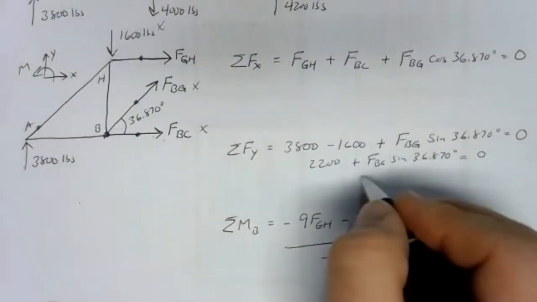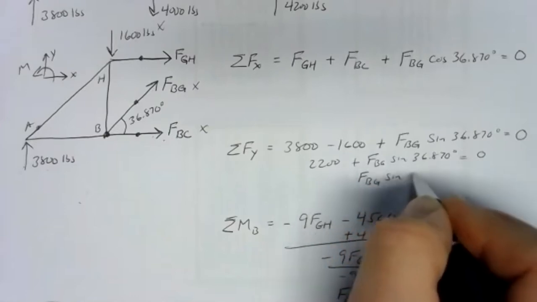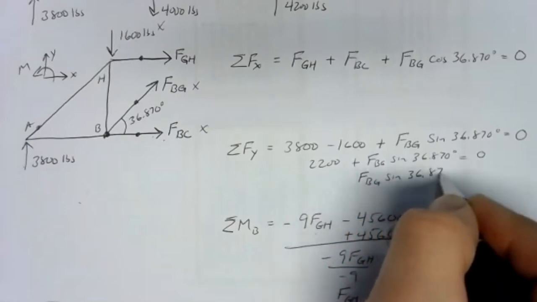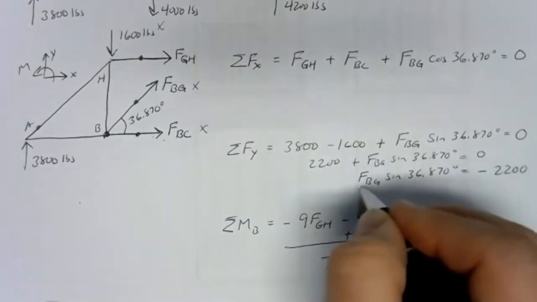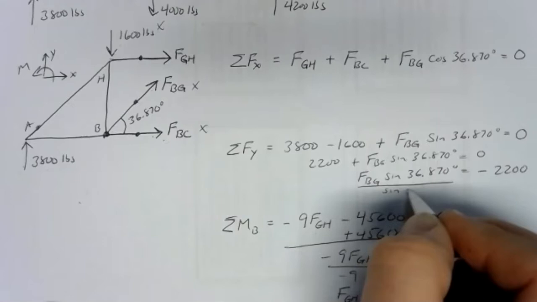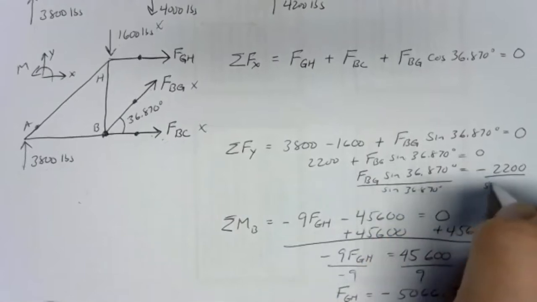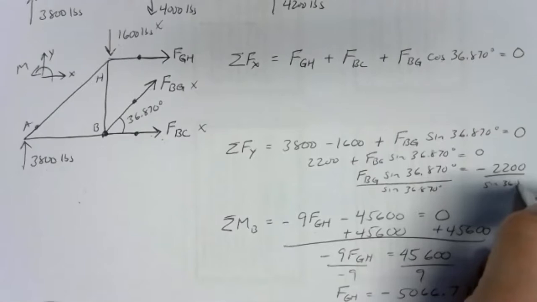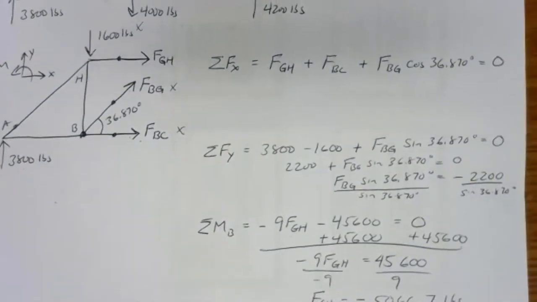I'd subtract the 2,200 pounds from both sides and get FBG sine of 36.870 degrees equals negative 2,200. And then I divide both sides by that sine. So going over to the calculator, negative 2,200 divided by the sine of 36.870 degrees.